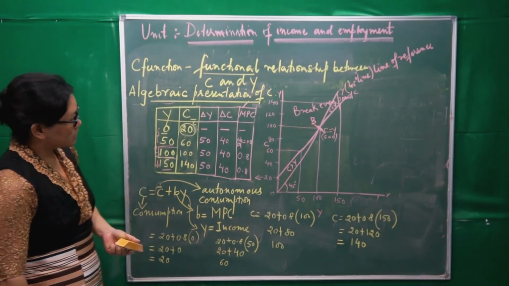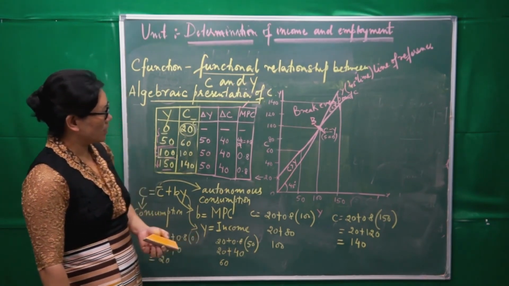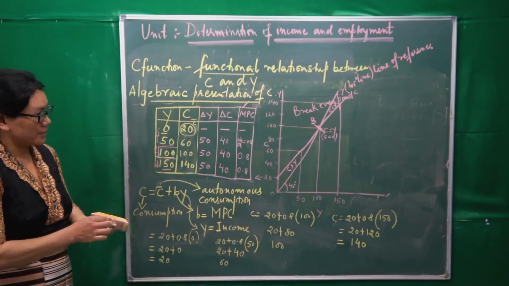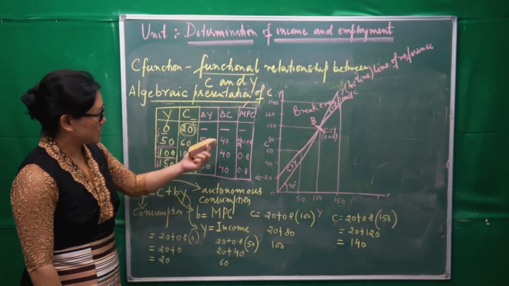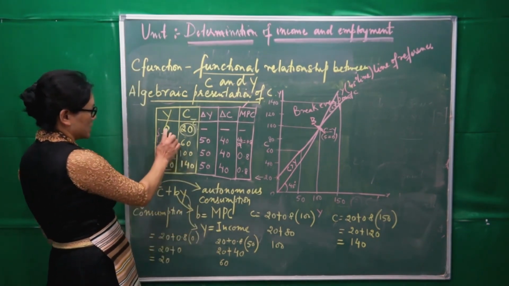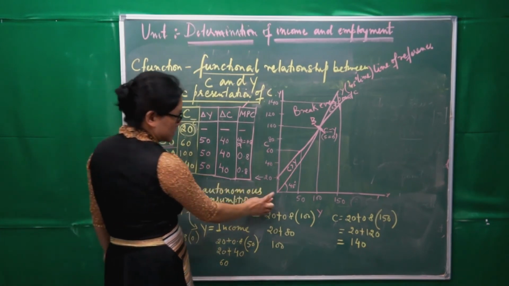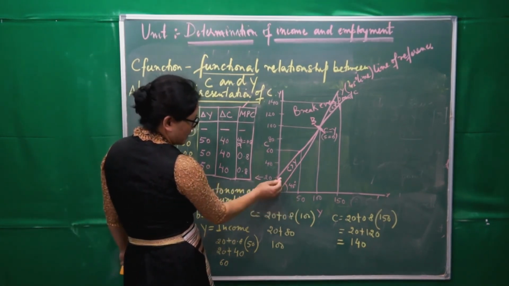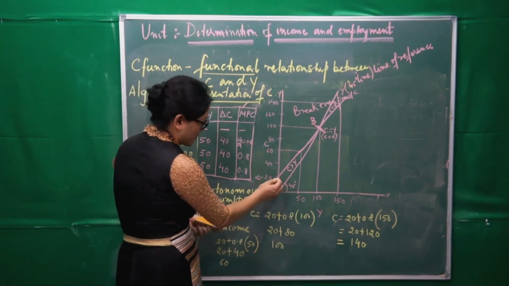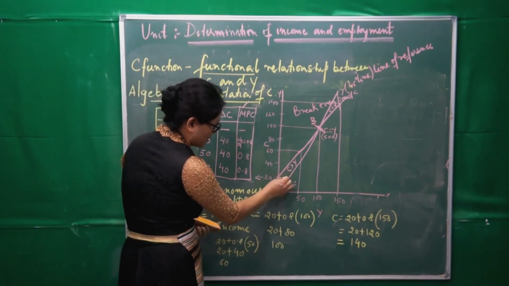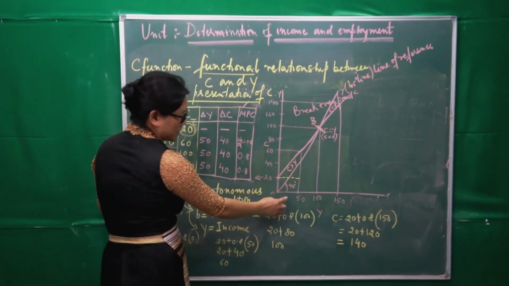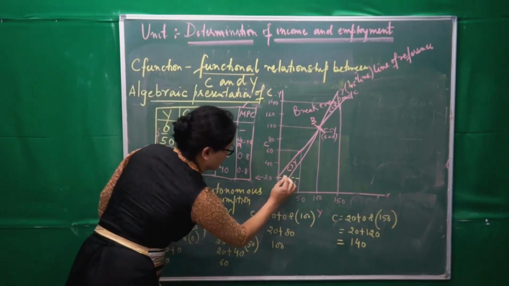Now I forgot to show MPC in this diagram. So let us see MPC here. The first one will be how much? 0 to 50, right? So 0 to 50, we will take up like this. See here. This is what? I'll write it here.